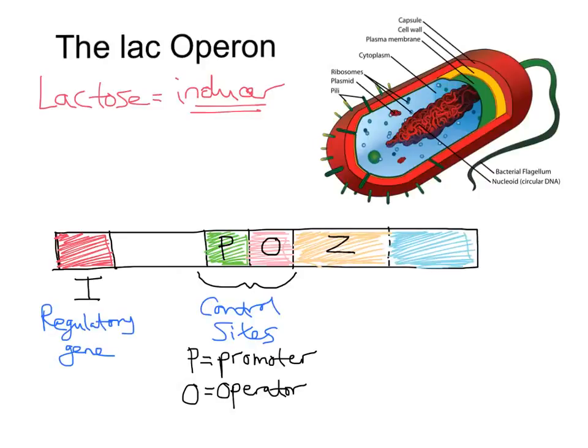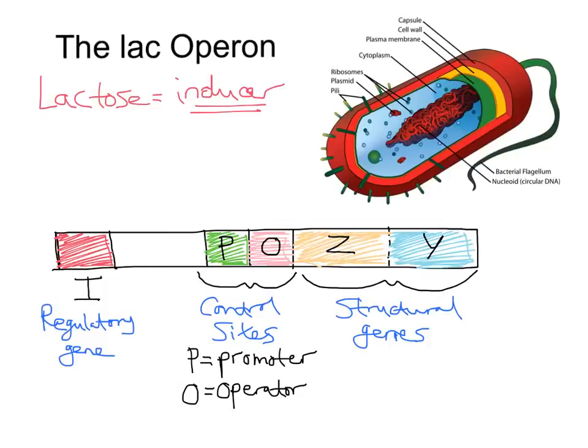Now these regions we're going to call Z and Y. And these regions here represent, as I've just said, our structural genes. Now Z and Y are the two structural genes that I've referred to just at the beginning of this video.